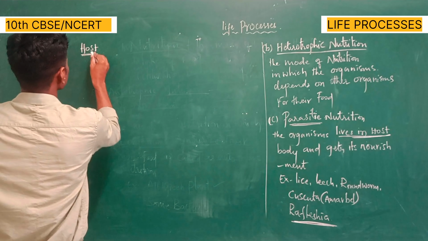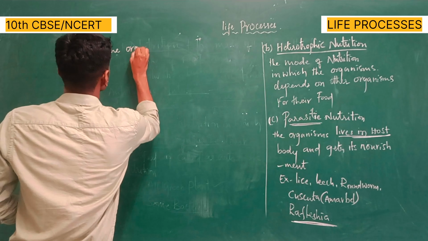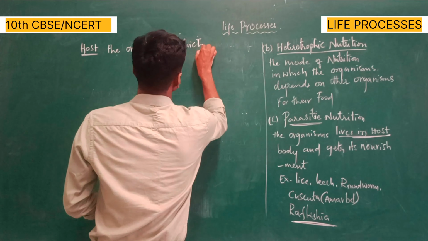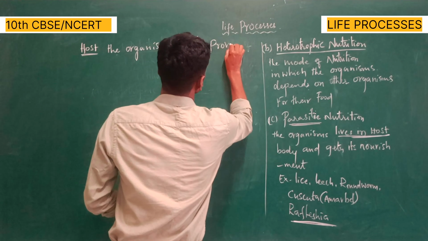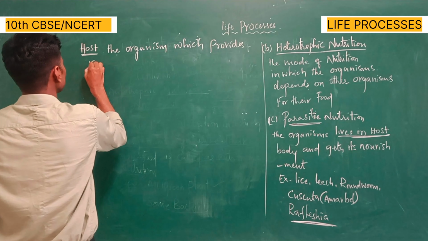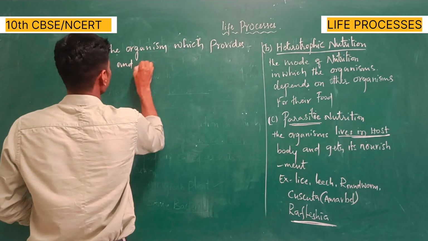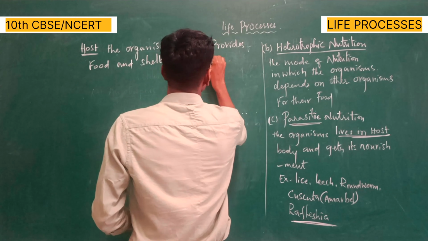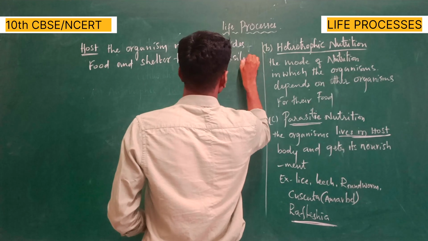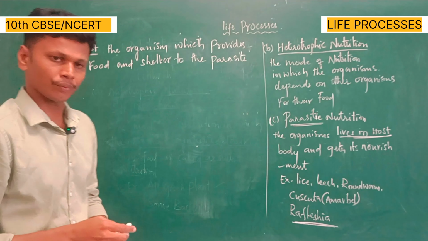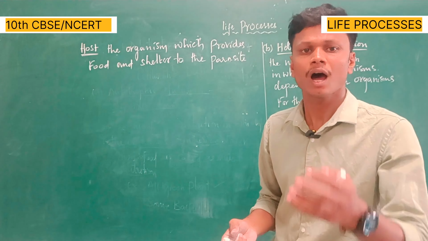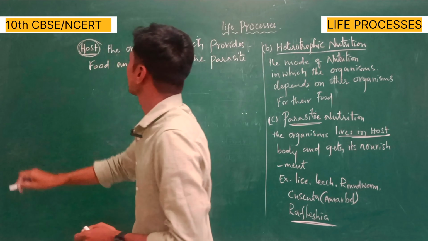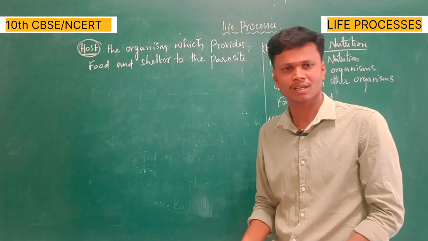What is a host? A host is nothing but the organism which provides food and shelter to the parasite. So the organism which provides food and shelter to other organisms is called a host. Examples: human beings and some huge trees.